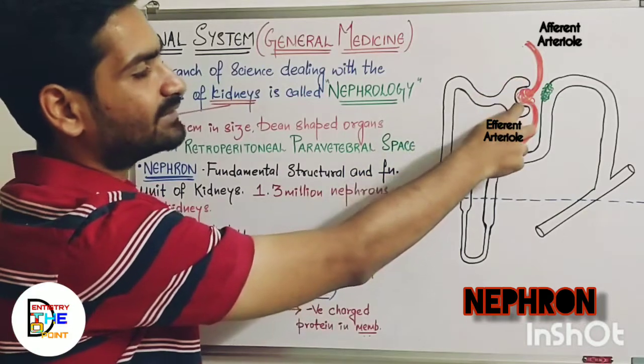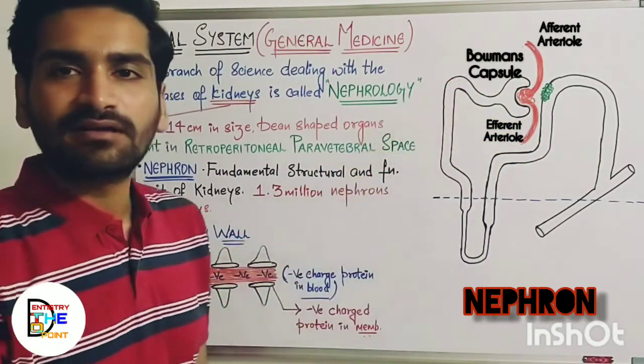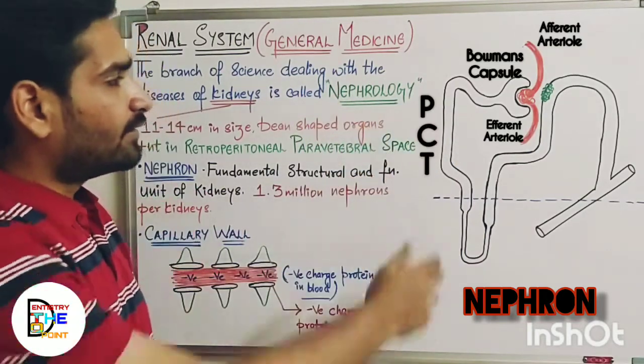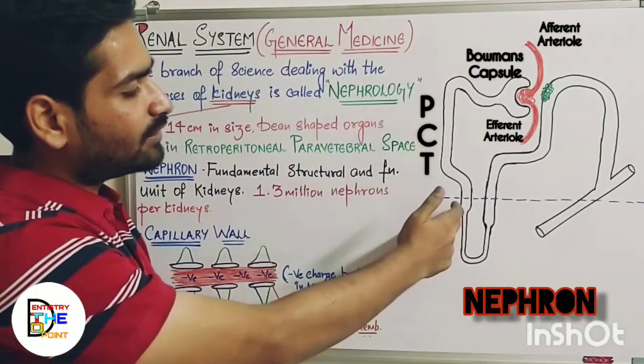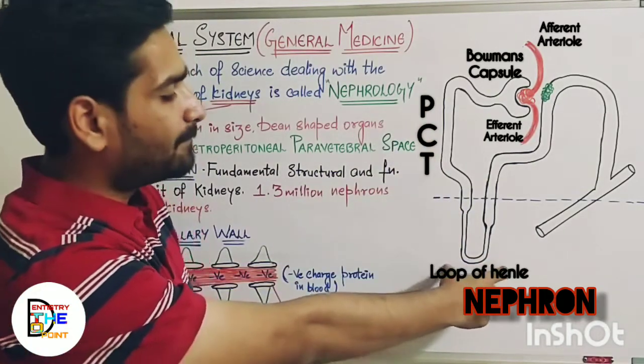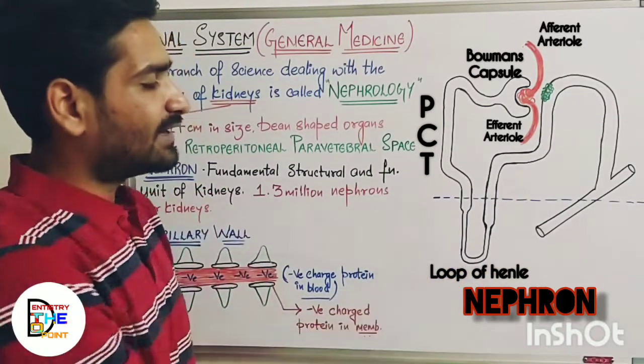This is our Bowman's capsule. The Bowman's capsule will run forward as the proximal convoluted tubule, which we call PCT. PCT will move forward, downwards and form the loop of Henle, which is a hairpin bend.